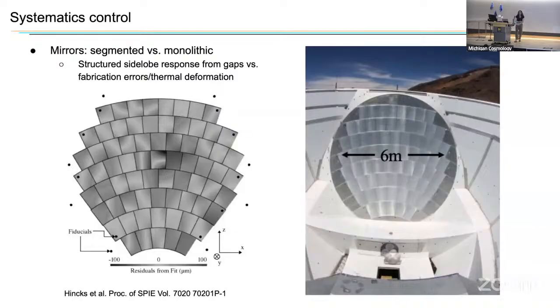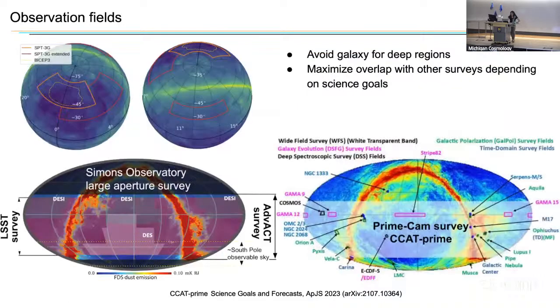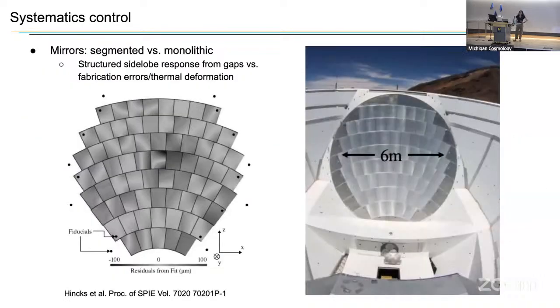You can get away from that by using a monolithic mirror, but then you're sensitive to variations in that mirror surface. And you also need to deal with thermal deformation in the mirror and gradients that are responded to in different ways in the mirror surface. So there's pros and cons to both of these technologies.